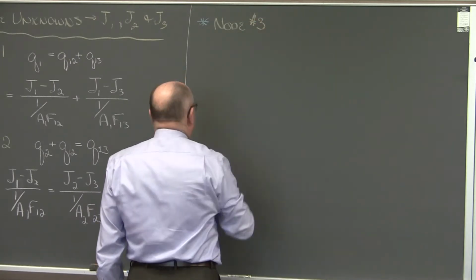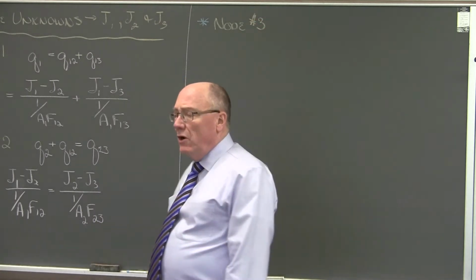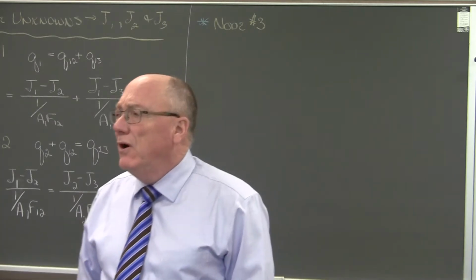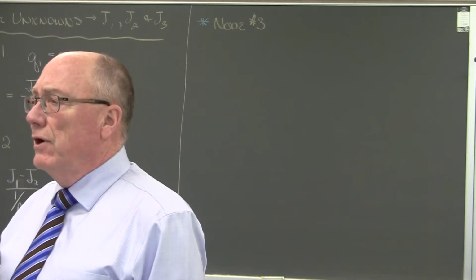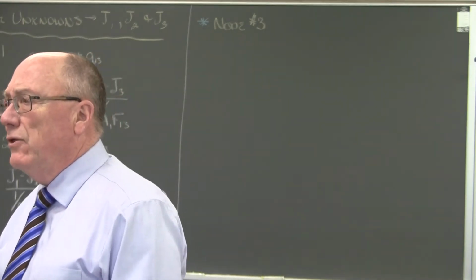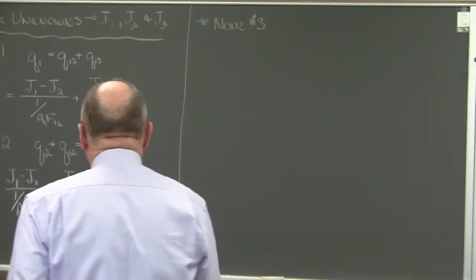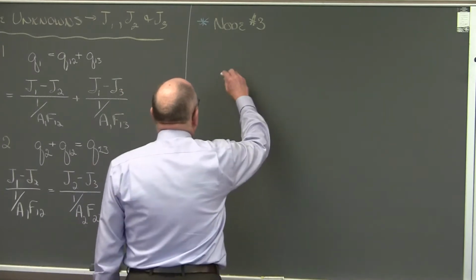Okay? Node number 3, if you look at your notes, you'll see we have all 3 heat transfers going into J3. So that means everything in must be equal to 0.